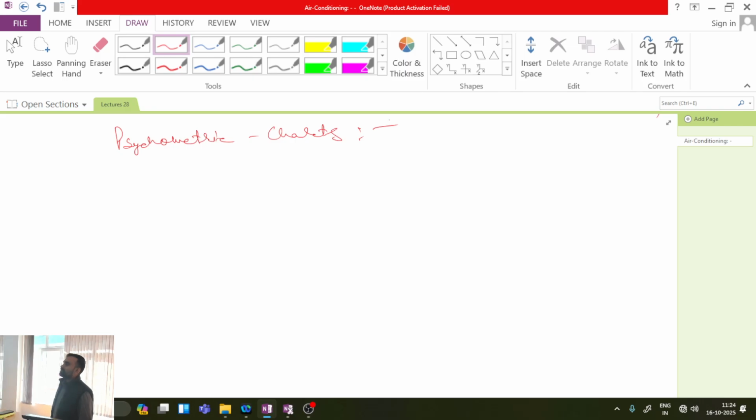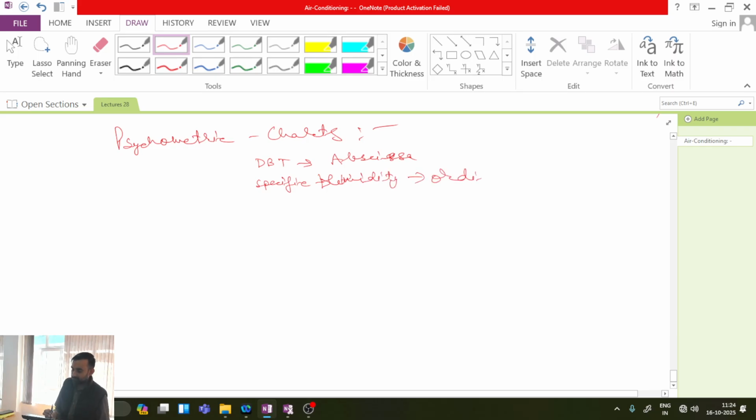These tables in graphical form are called the psychrometric charts. Some of the initial plots included dry bulb temperature as abscissa and specific humidity as ordinate to represent the psychrometric chart.